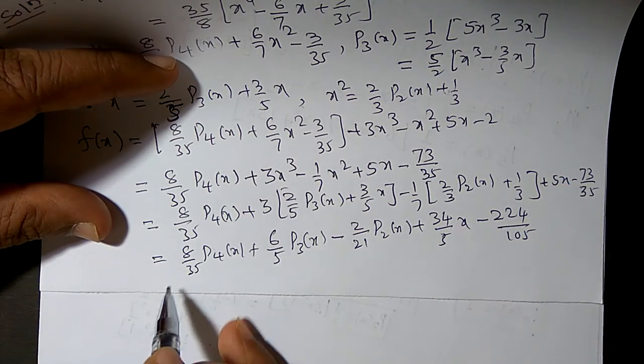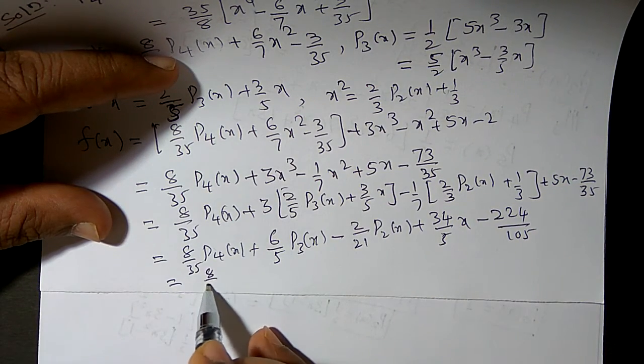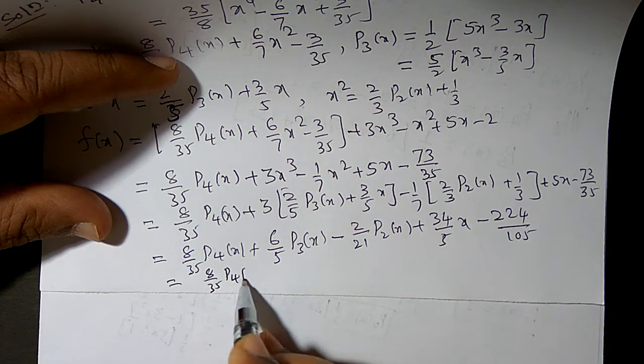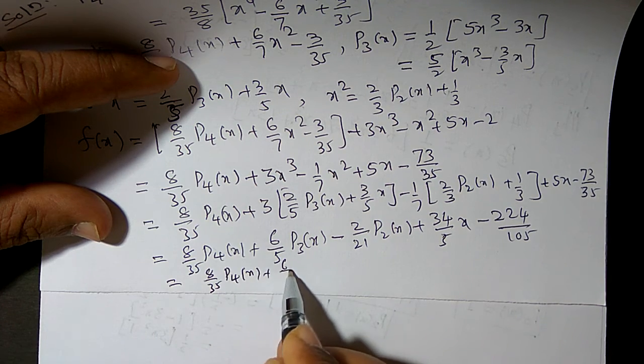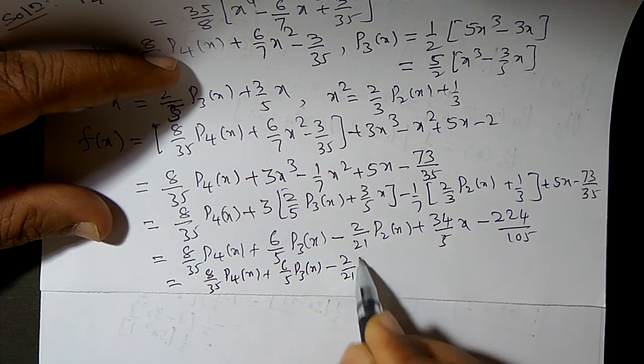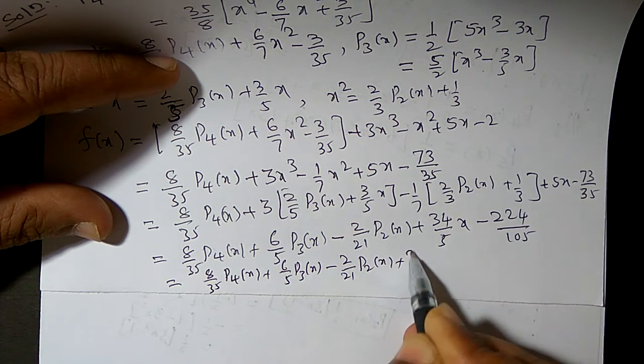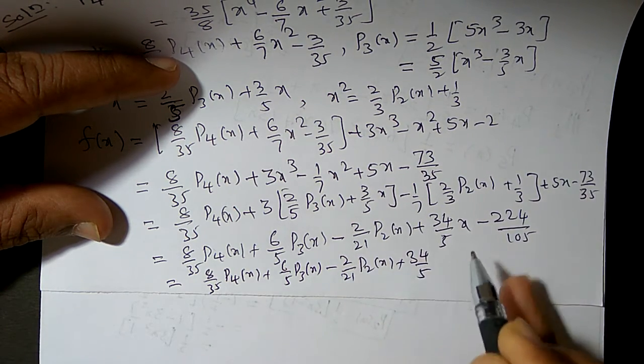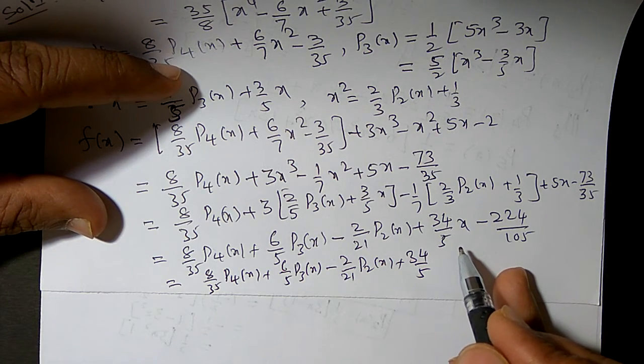So now I want to substitute the value of x and 1. I want to write one more step. So this is equal to 8/35 P4(x) + 6/5 P3(x) - 2/21 P2(x) + 34/5 x. So x is equal to what?